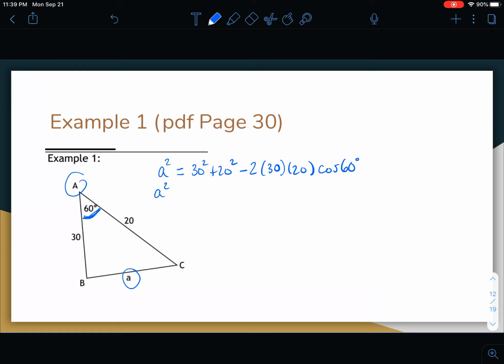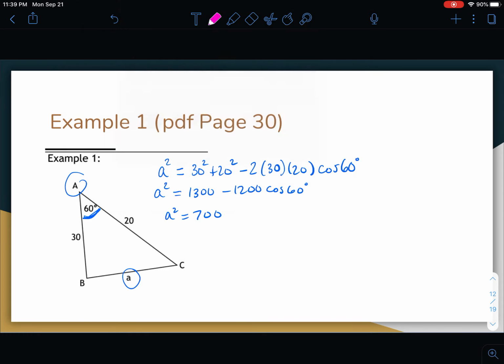So we'll go ahead, and you should be doing the same calculating here, doing your order of operations. We should get 1300 minus 1200 cosine of 60 degrees. And you can always pause me to make sure that you are following along. In this case, I get a squared equals 700.